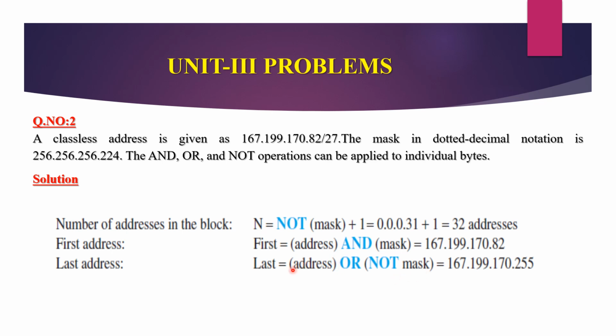So the last address is 167.199.170.95. This is how we find the number of addresses in the block using the NOT operation, the first address using the AND operation, and the last address using the OR operation.